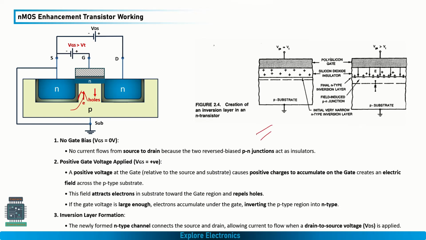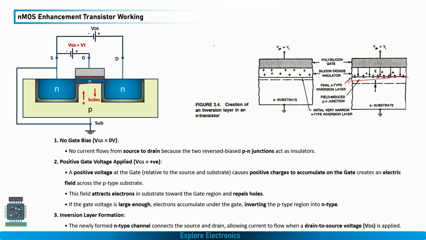You can see over here, this is the gate, and this is VGS when it is equal to VT. This is when we are increasing VGS. What happens when we increase the gate voltage more than VT? The channel becomes stronger, which means more channel depth.